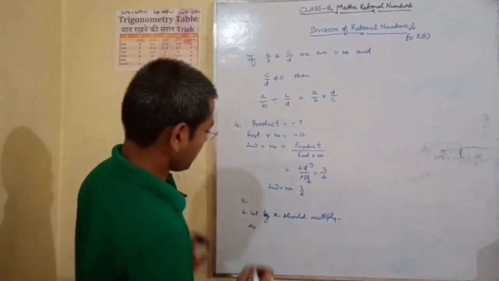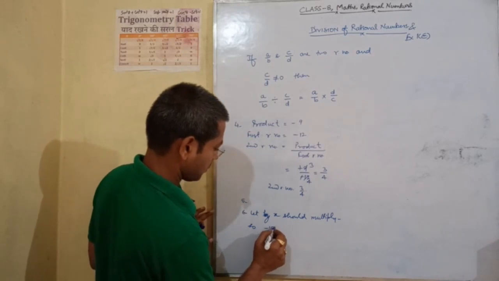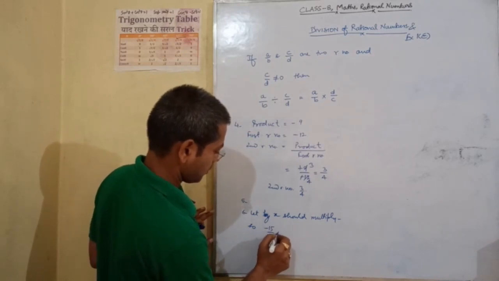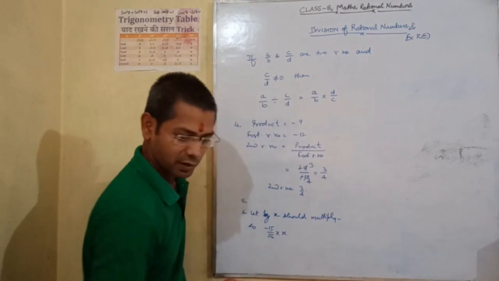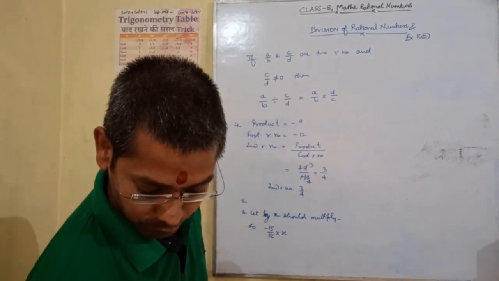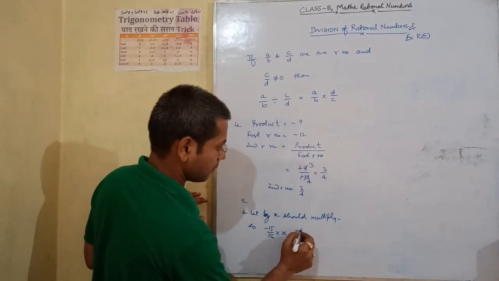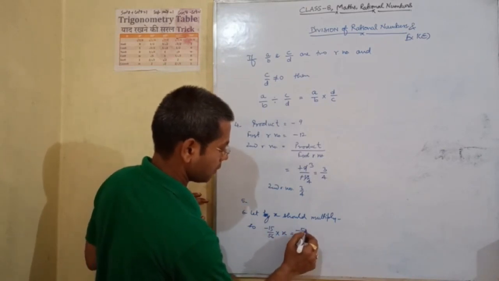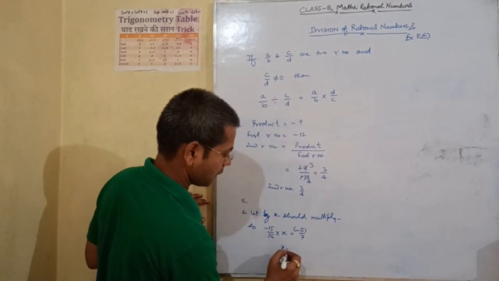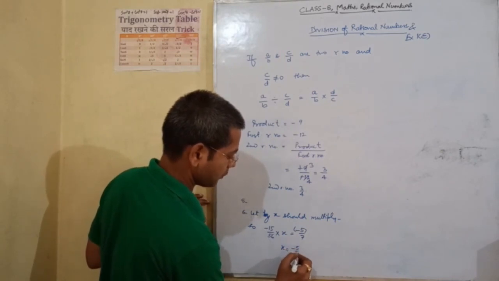Minus 15 upon 56 should multiply with x, which will make minus 5 upon 7. So x is equal to minus 5 upon 7.